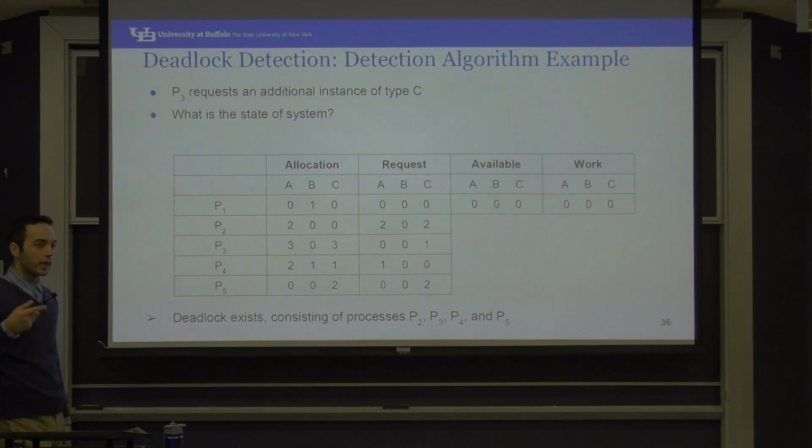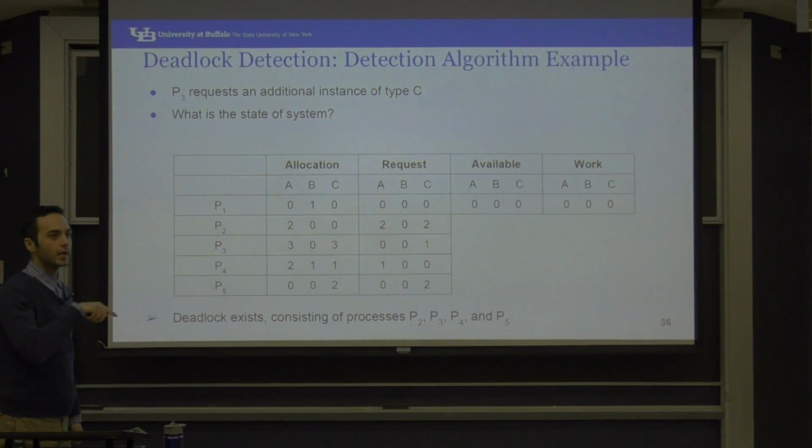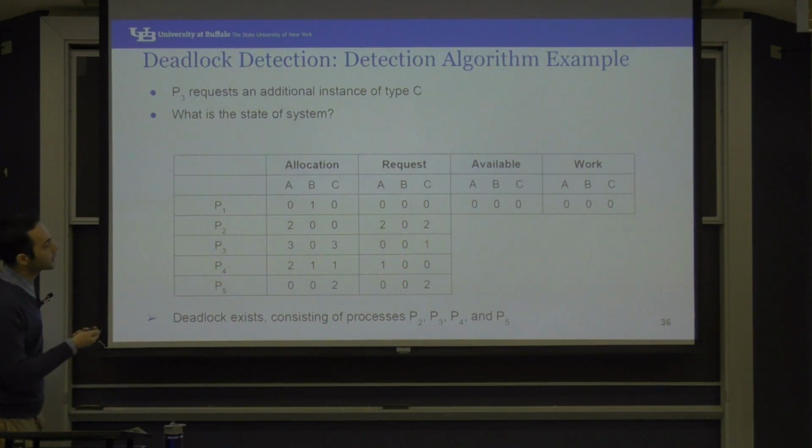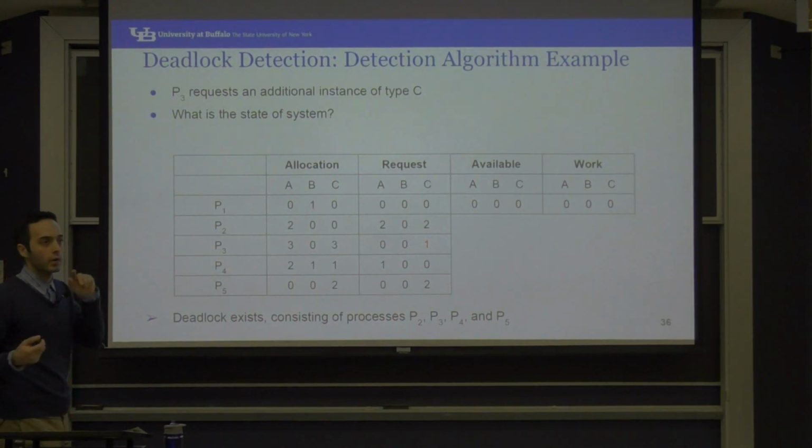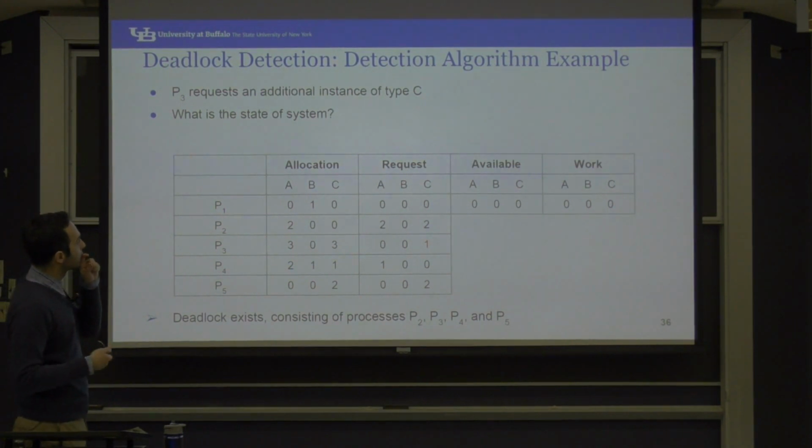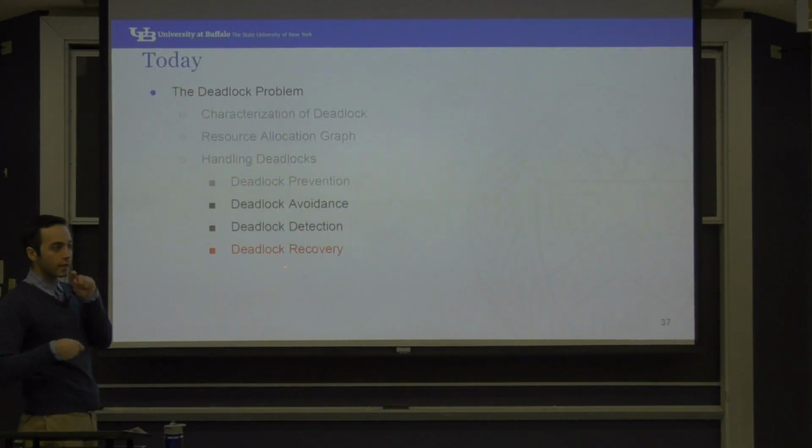So, in avoidance, basically, we would foresee this and then not allow this to happen. In the detection algorithm, we allow it because we have it, so far. And then now, when this request comes, we figure out, damn, we did something bad here. So then comes deadlock recovery.